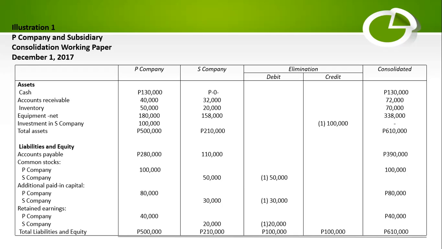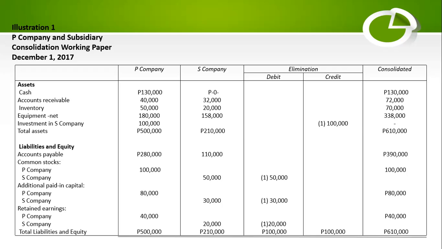It's understood that the shareholders' equity accounts that will remain are only those accounts of the investor. Okay, so we now have our balances of both companies for the assets, the liabilities, and the equity.